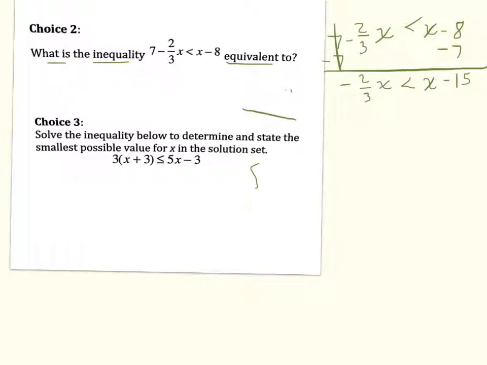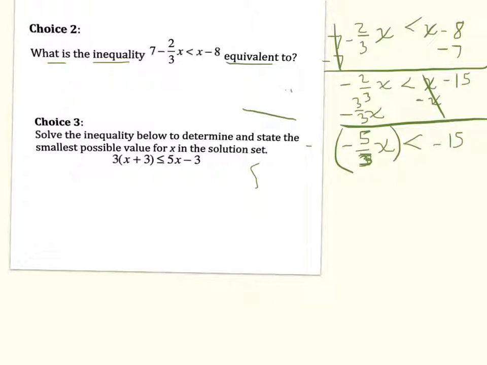I need to get my x to the other side, so I'm going to subtract x from both sides. And this is the same as saying 3 over 3x. So now I have negative 5/3 x less than negative 15. Well, in order to get my x by itself, I need to multiply this by the reciprocal.